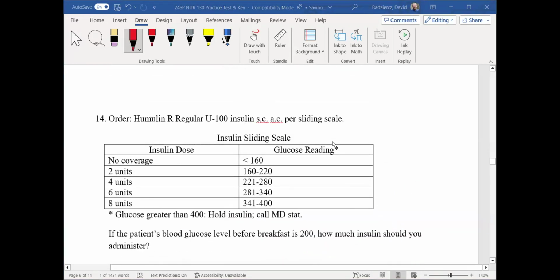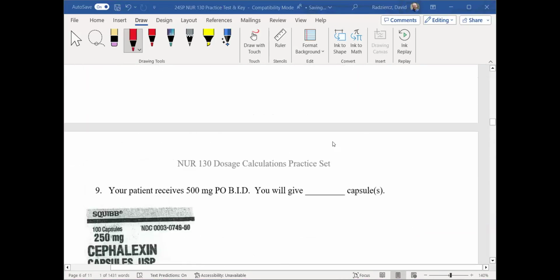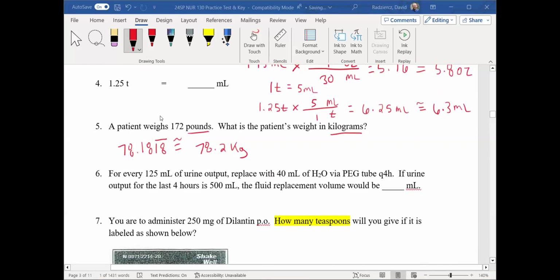All right. So for rounding, we'll just use pounds to kilograms as an example. When you get your answer, if it's 172 pounds, divide by 2.2, I'm going to get 78.181818 repeating, round to the nearest tenth.